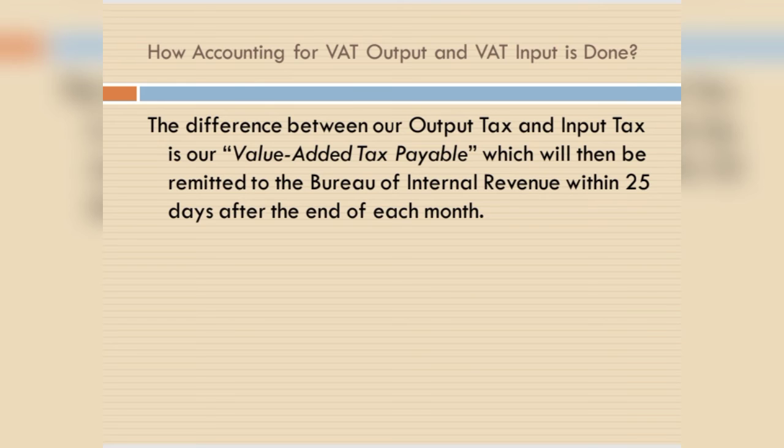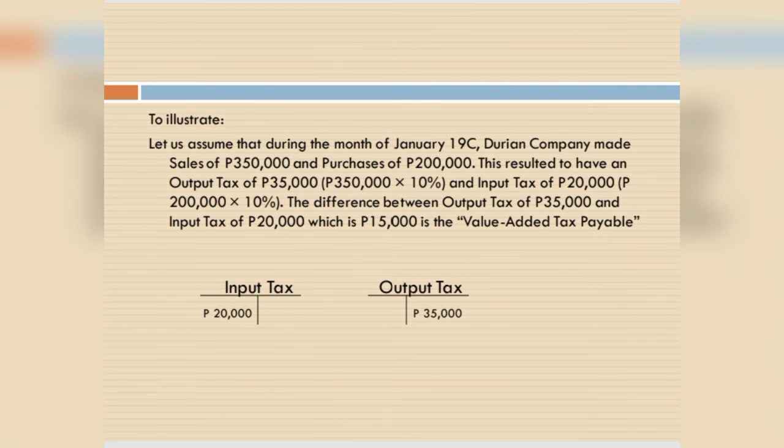So how is accounting for value added tax output and value added tax input done? The difference between our output tax and input tax is our value added tax payable, which will then be remitted to the Bureau of Internal Revenue within 25 days after the end of each month. To illustrate, let us assume that during the month of January, the Ren Company made sales of 350,000 pesos and purchases of 200,000 pesos.